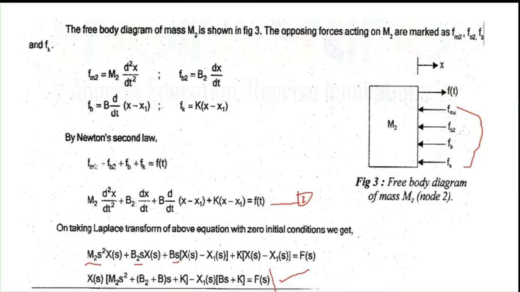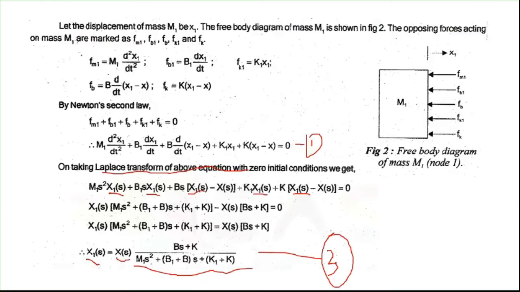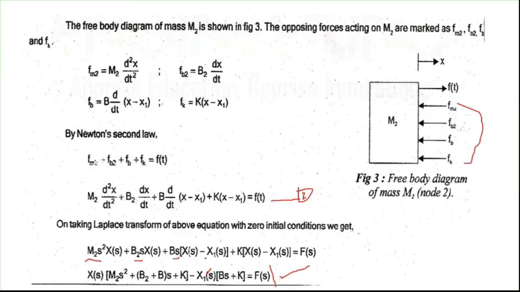But there is another term, x1 of s, here. We have to remove this term. How can we remove it? Substitute equation 3. Equation 3 gives x1 of s in terms of x of s, isn't it? So by substituting equation 3 here, this term will also become in terms of x of s.